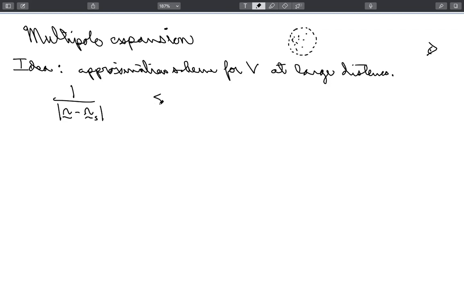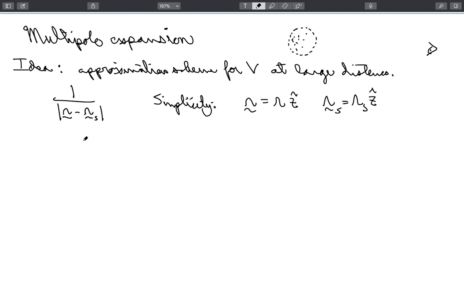Now for simplicity, what I'll do here is I'll put the observation point on the z-axis at distance r, and I'll also put the source on the z-axis at position rs.